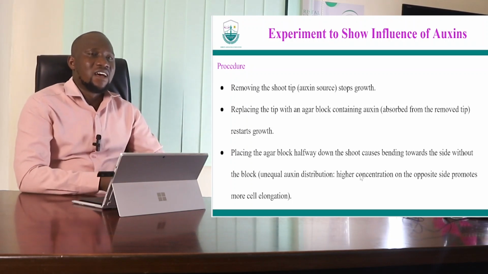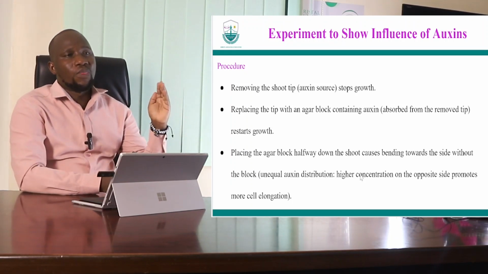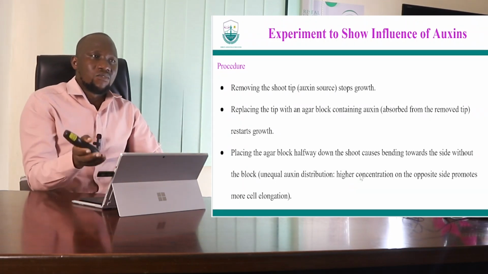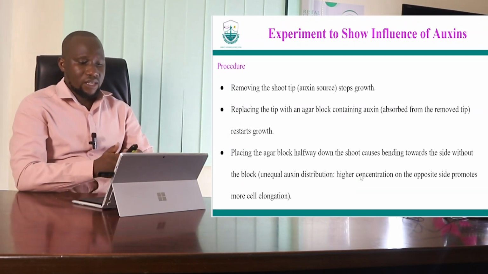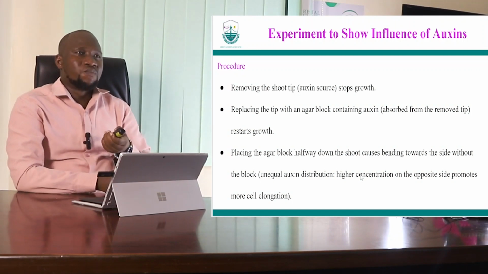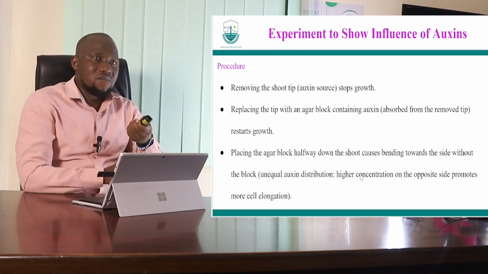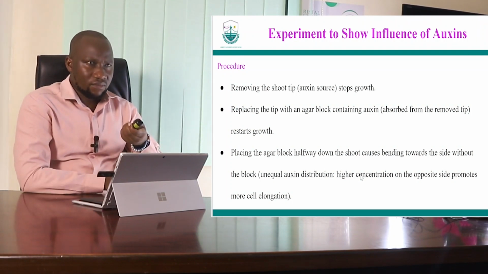It restarts, and it will grow more on the side where you place the agar block than where there is no agar block. That's the explanation in there. So that is basically an experiment to demonstrate the impact of auxins.